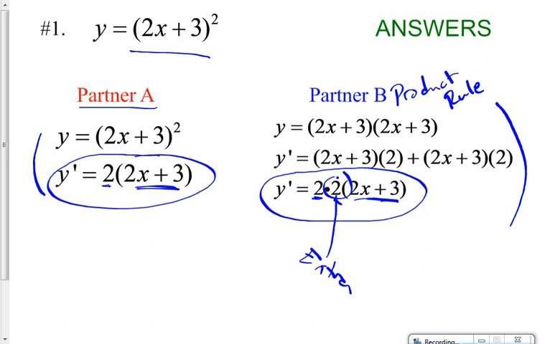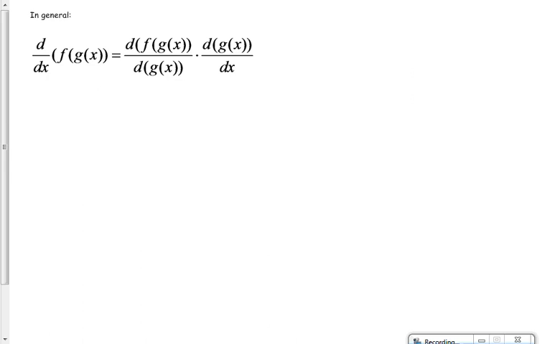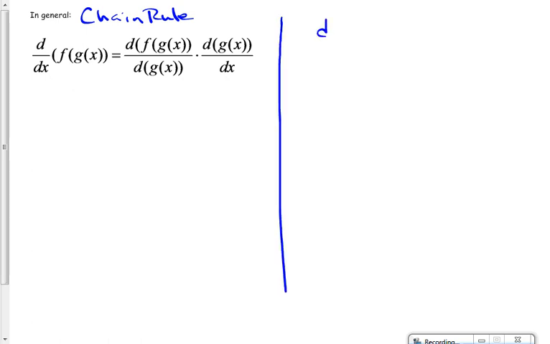So what we're about to learn, here is the actual formal notation, one of the formal notations for it. This is called chain rule. So go to the back of your notes and write chain rule on top of that. The alternate notation for chain rule, there's two ways we can look at this.